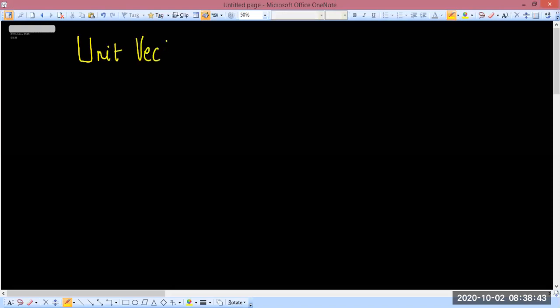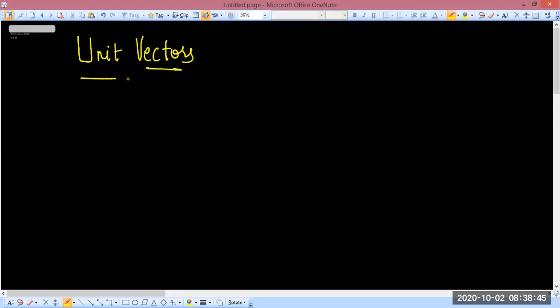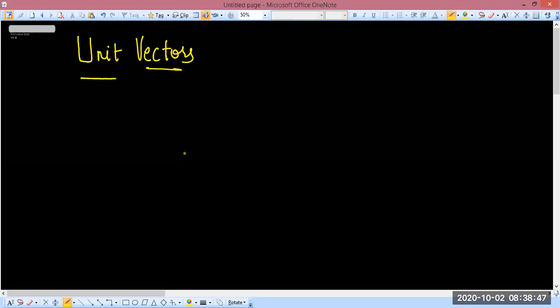Unit vectors. So what are unit vectors? Unit means one. Unit indicates one. So what is a unit vector? Very simple definition.